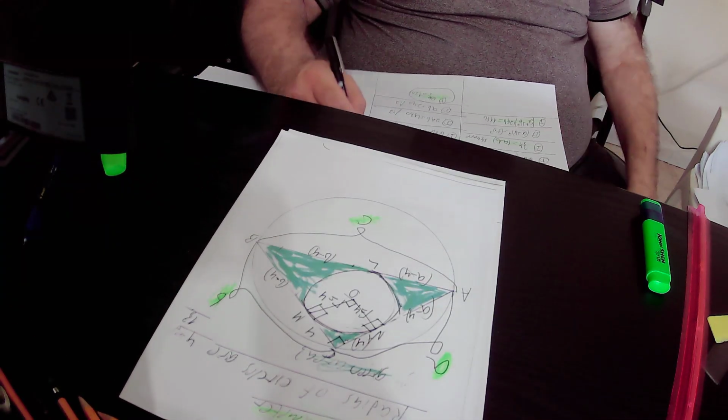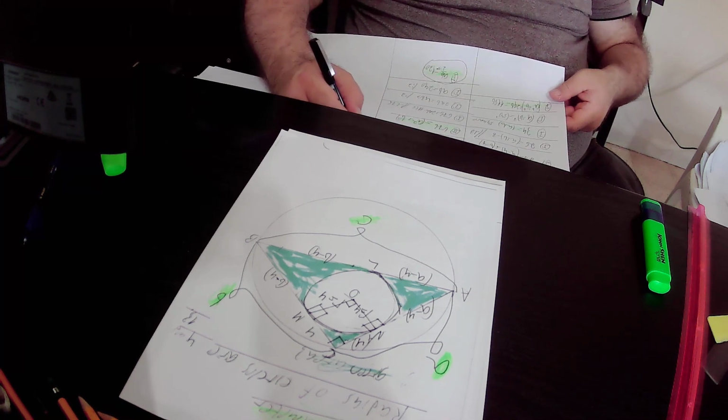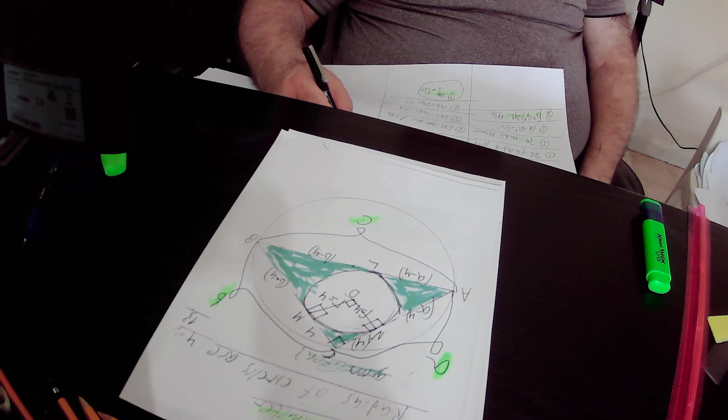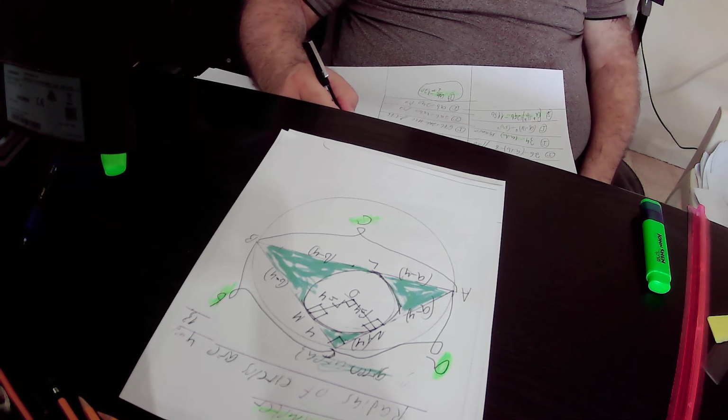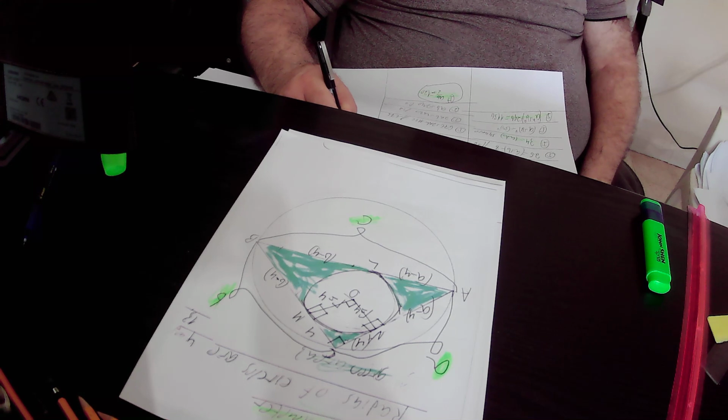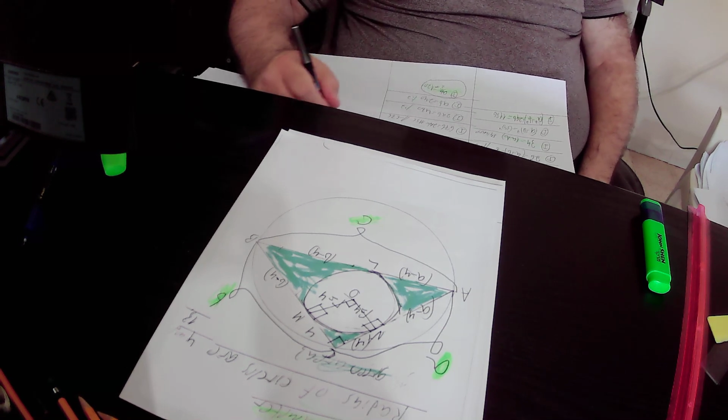But what is actually the area of the blue shape? From the drawing, it is very easy to see that the area of the blue shape equals the area of triangle ABC.